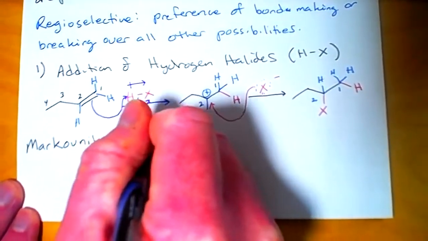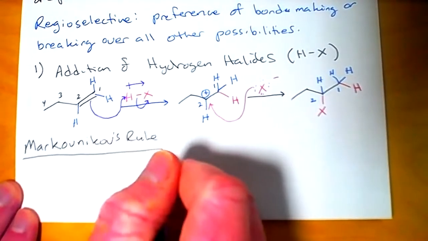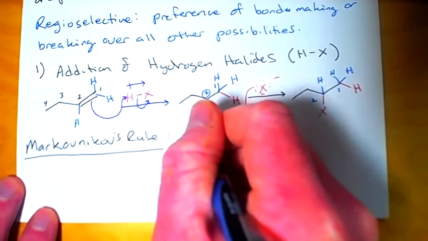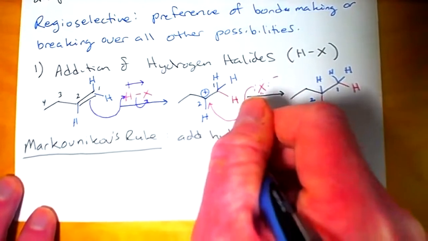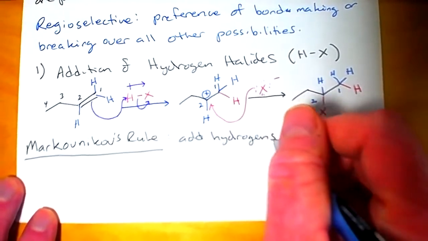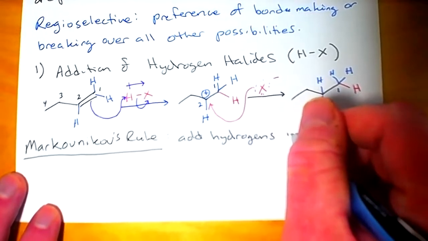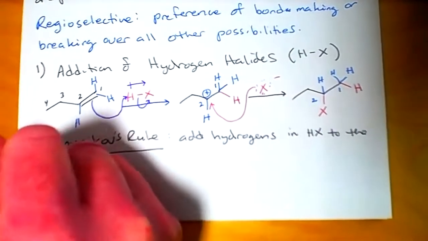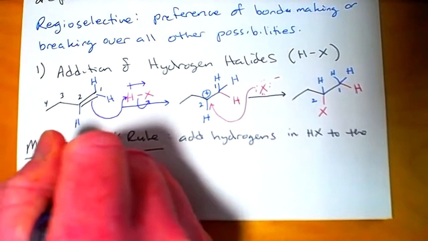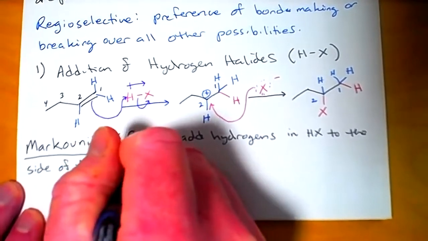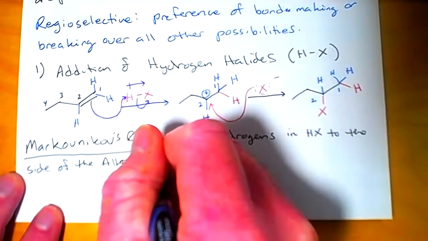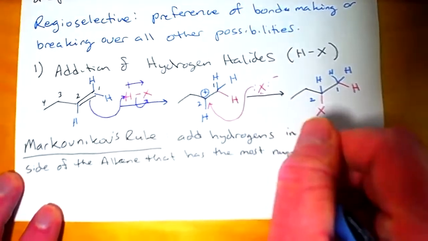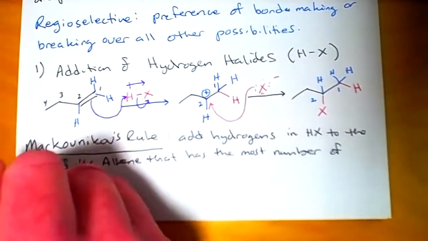Markovnikov's rule, which henceforth I will refer to as Mark's rule, basically states that you add hydrogens, in hydrogen halide additions, to the side of the alkene that has the most number of hydrogens.